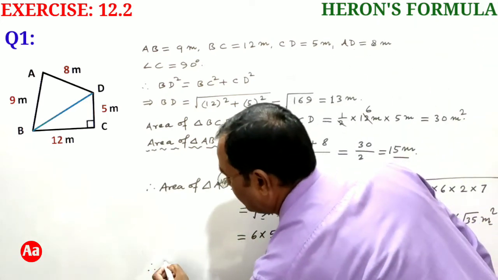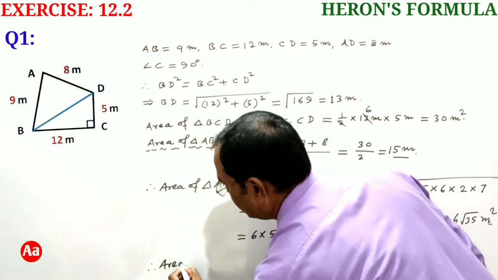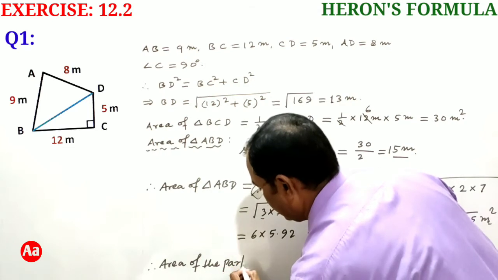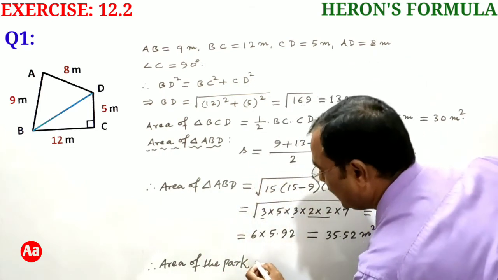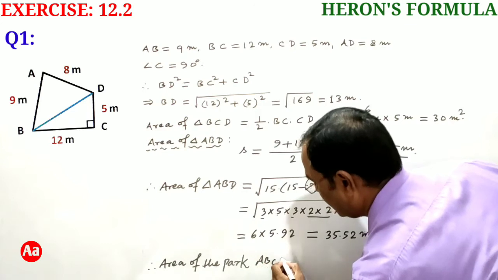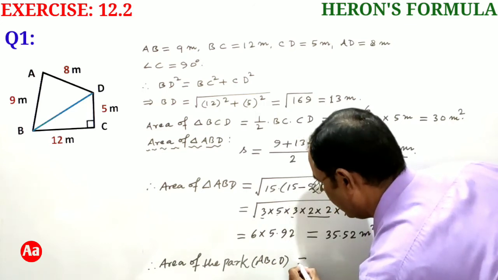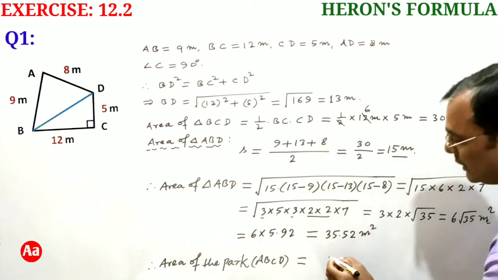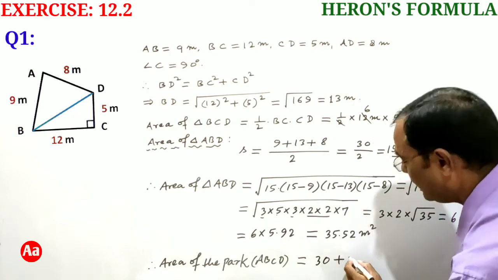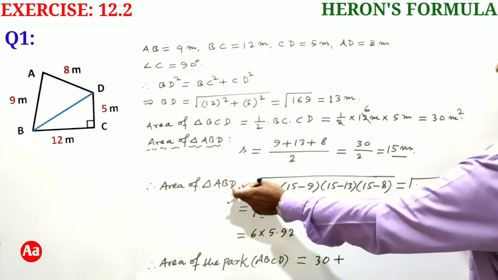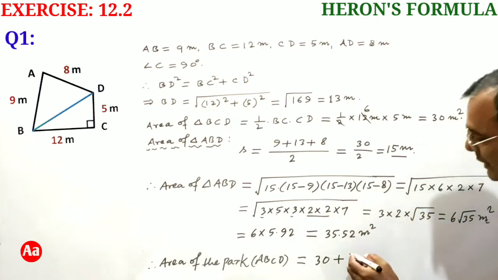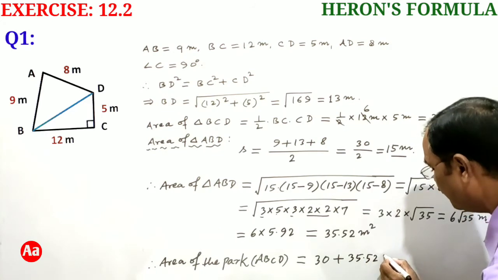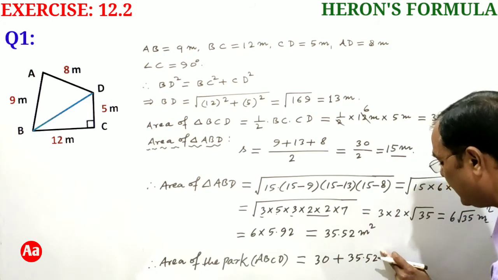So therefore we can find area of the park in the shape of quadrilateral ABCD is equal to area of triangular part of the park BCD, which is 30 meter square, plus this triangular part of the park ABD, 35.52 meter square.